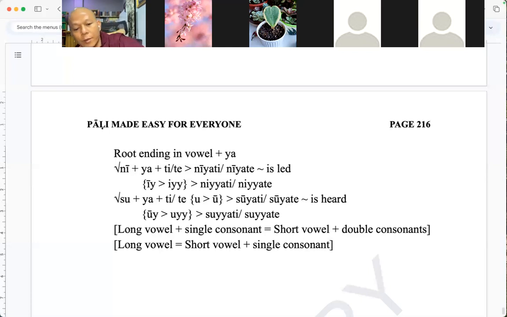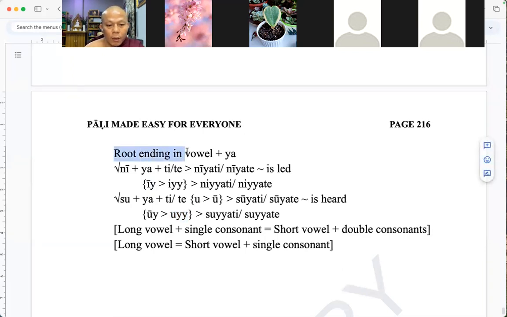So here you see, long vowel plus single consonant becomes short vowel plus double consonant. Here also, long vowel plus single consonant becomes short vowel plus double consonant. But later it can also be seen, maybe with some example, and at that time I will remind you of that one.